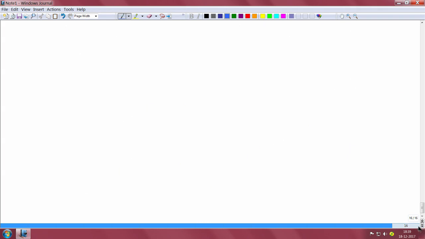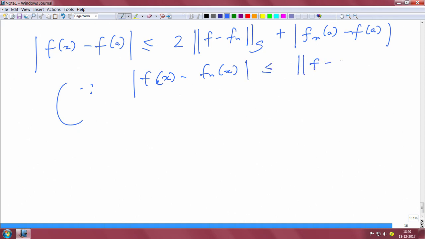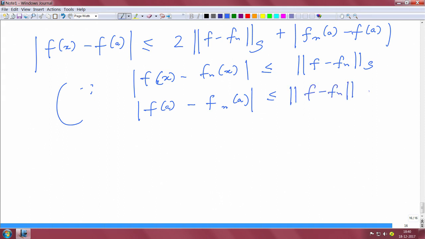So I can conveniently state that the absolute value of f of x minus f of a is less than or equal to 2 times the sup norm of f minus fn, plus the absolute value of fn of a minus f of a, because mod f of x minus fn of x is less than or equal to the norm of f minus fn on S, and the absolute value of f of a minus fn of a is less than or equal to the supremum of f minus fn.